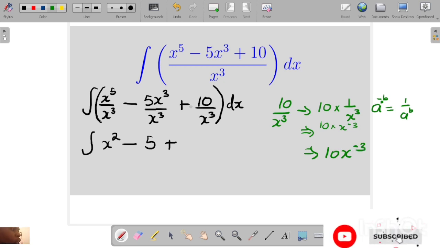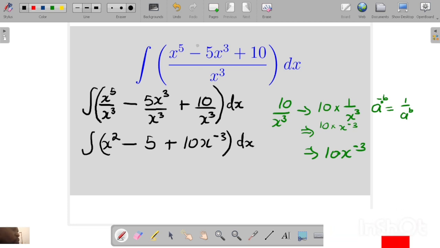So you have 10x to the power negative 3, and we are going to replace with this. All right, so we are going to have 10x to the power negative 3, and everything is being evaluated with respect to x.